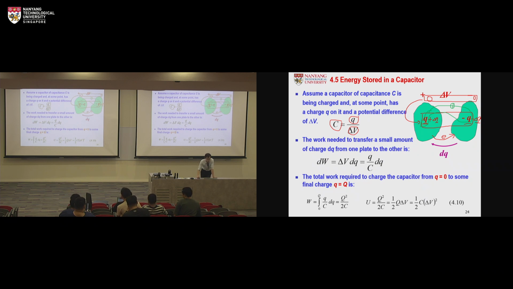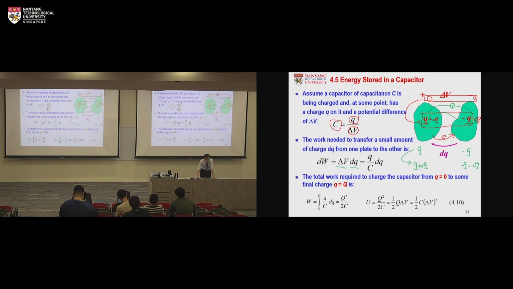So here, basically, if you consider state 1, which is just Q and minus Q, let me write it down here, this is Q, minus Q. This is state 1, and state 2 is Q plus delta Q, and here is minus Q minus delta Q. So from state 1 to state 2, we can tell the extra energy accumulated should equal delta V times dq.